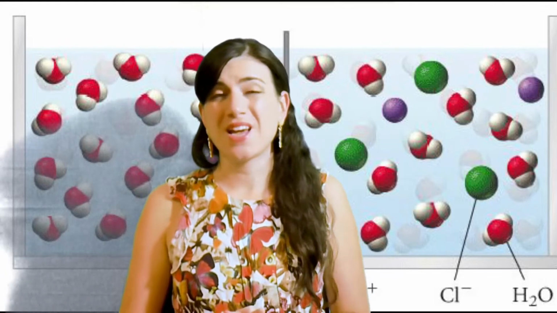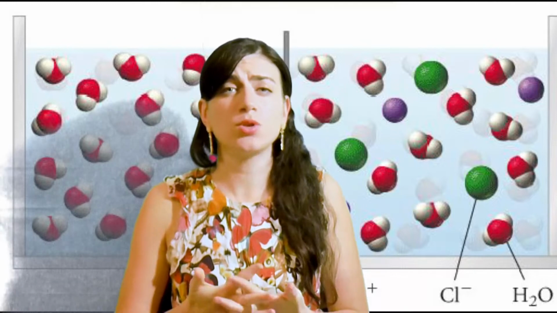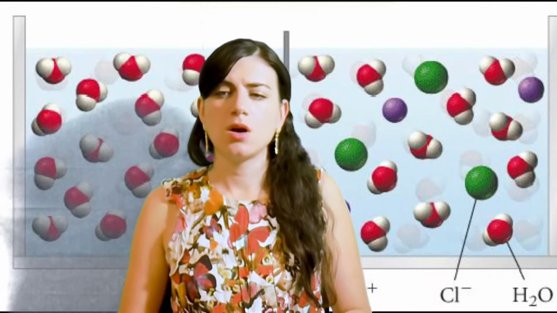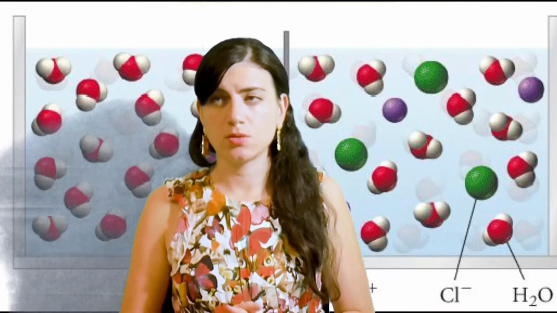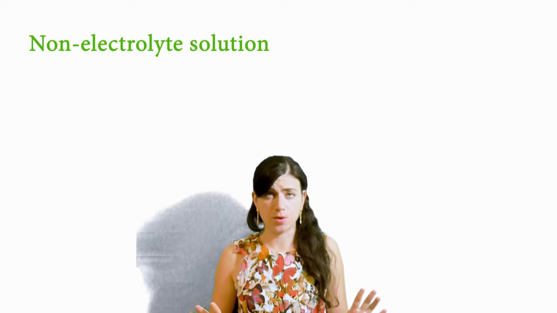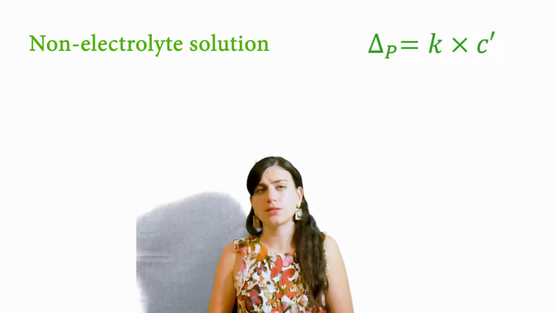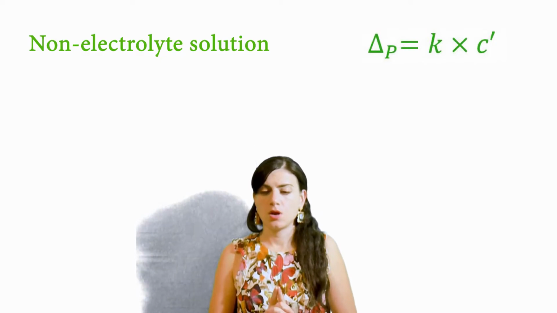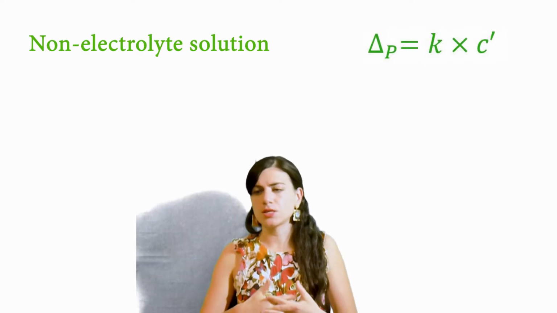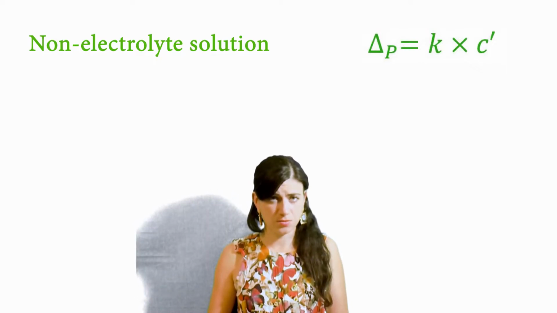However, this generic equation can be actually modified based on what type of solution we have. In particular, if we have a non-electrolyte solution, the equation will stay the same. Just to quickly remind you what a non-electrolyte solution is: a non-electrolyte solution is a solution in which the solute is not dissociated in ions.